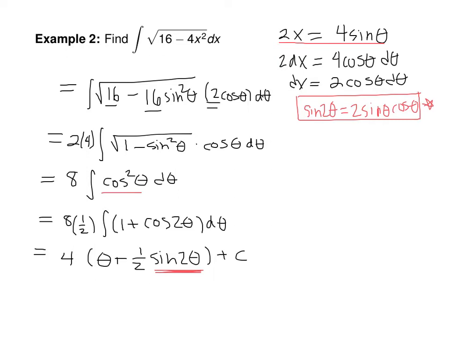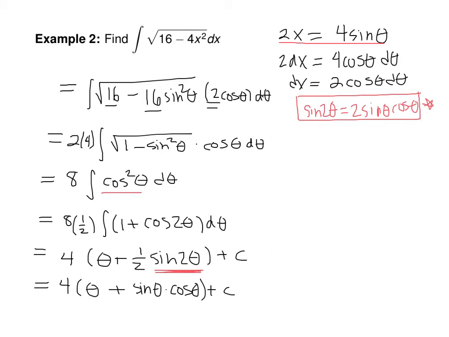So once I make that substitution, I have 4 theta plus the 1/2 and 2 will just cancel, giving us sine theta multiplied by cosine of theta plus c.